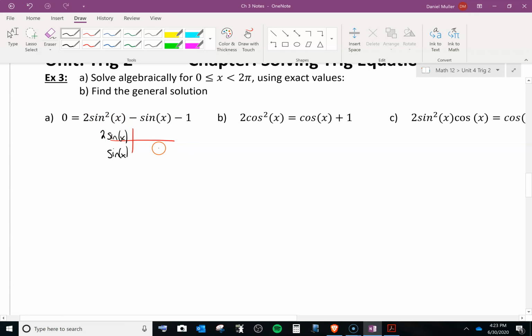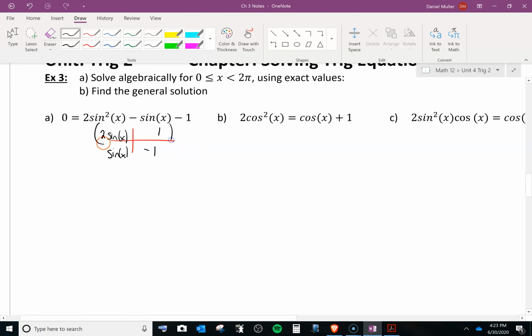And on the right here, I need negative 1, so one of them needs to be negative. So if I just look at the numbers, multiply those, you get negative 2. Multiply that, you get positive 1. And if you add those together, you get a negative 1, which is what I have in the middle. I've got a negative 1 sine of x. So if you know how to factor, you can factor a different way, but that's how you would know that you have factored correctly.